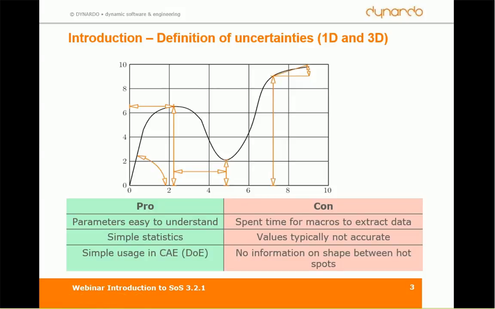As most of us are used to random numbers, they are easy to understand and have simple statistics. But we need some time and extra software to extract our a priori hotspot information, and above all, in most of the real-world examples, hotspots will vary in position and our a priori selection will be likely wrong. And we get no information at all on the shape between our a priori selected points.